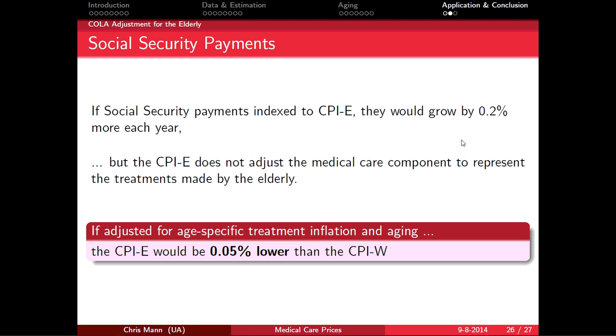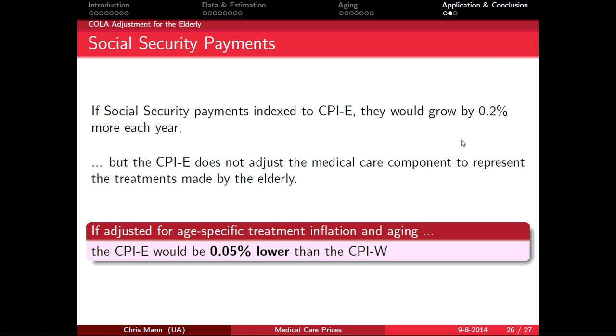And the problem is that for the CPI for elderly, all they do is weight the medical care component of the CPI by a greater amount. But as I just got finished discussing throughout this paper, elderly individuals experience a much lower rate of medical care inflation than younger individuals, right?